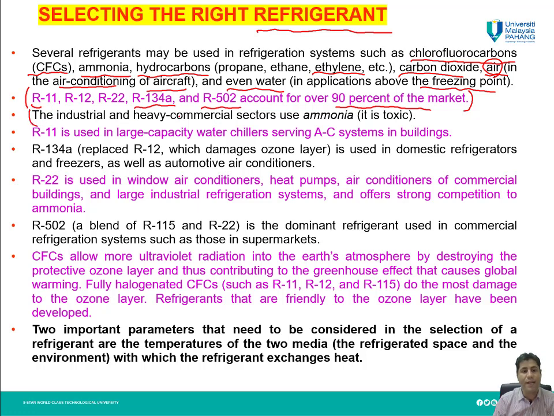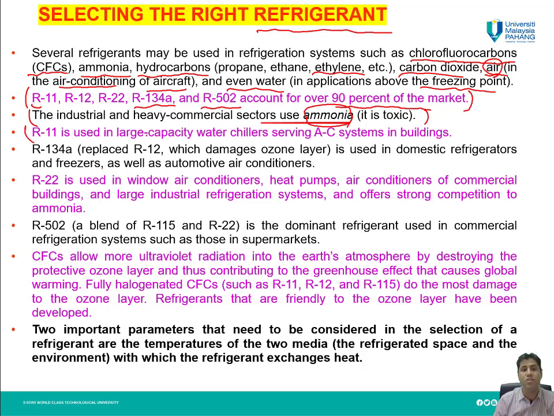For the industrial and heavy commercial sectors, we use ammonia. It is toxic, and because of that it is not common to be used in the household or in the refrigerators we have in our houses, actually.